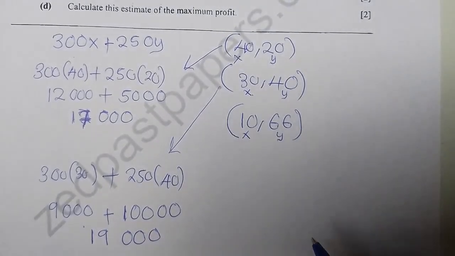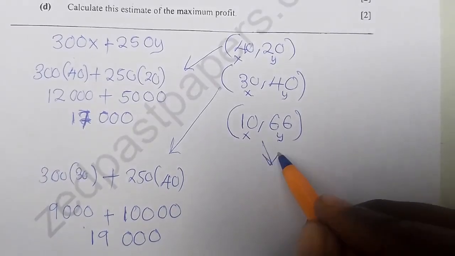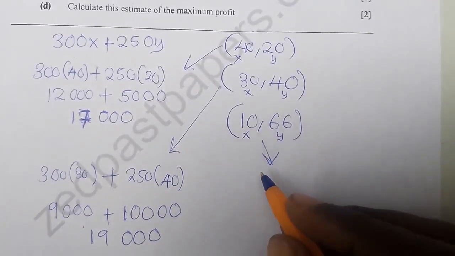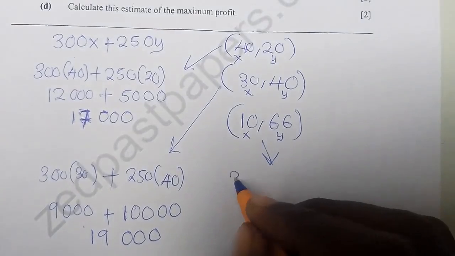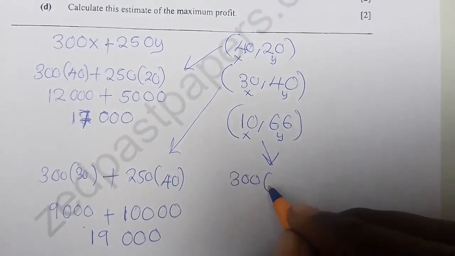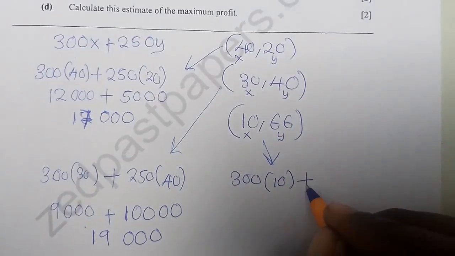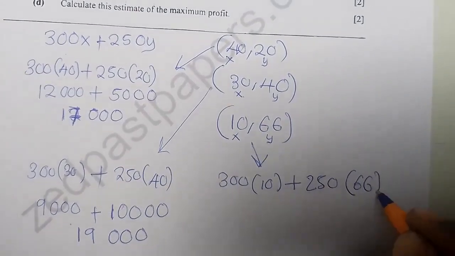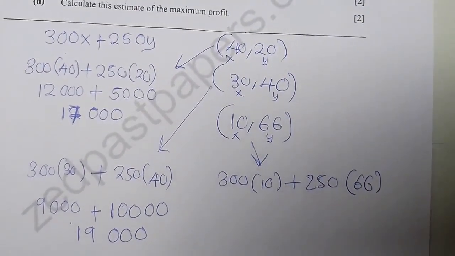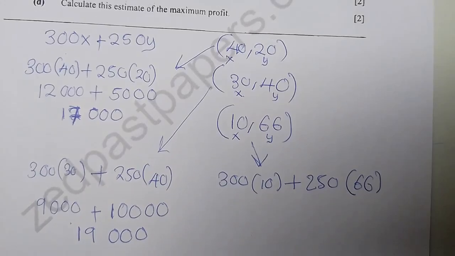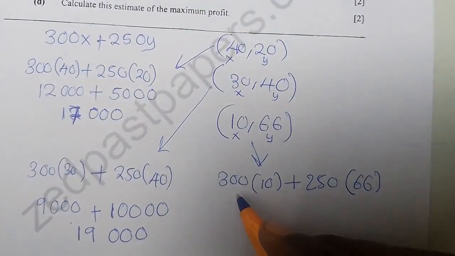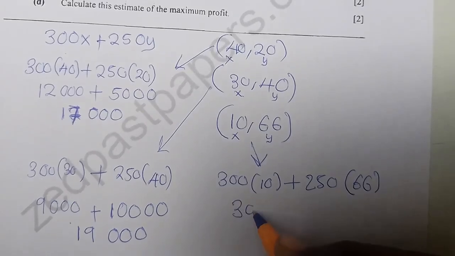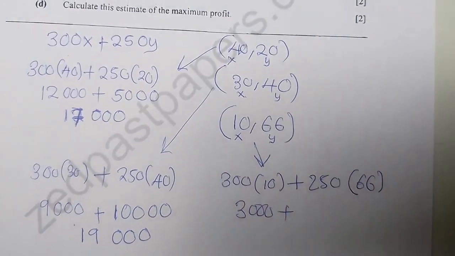Then I move to the last one. Here I'm going to say 300 multiplied by 10 plus 250 multiplied by 66, like this one. When I multiply here, I'm going to get 3,000 plus.